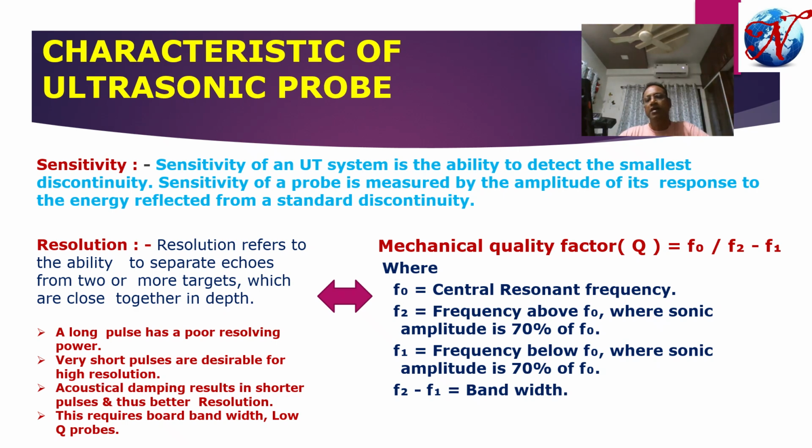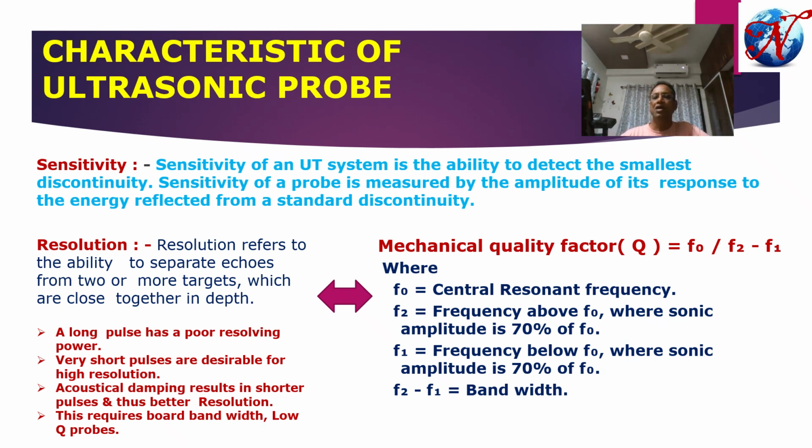Each and every probe has a mechanical quality factor, denoted by Q, and Q is calculated using the formula F0 divided by F2 minus F1, where F0 is the central resonant frequency. Suppose one probe is a 4 megahertz probe.